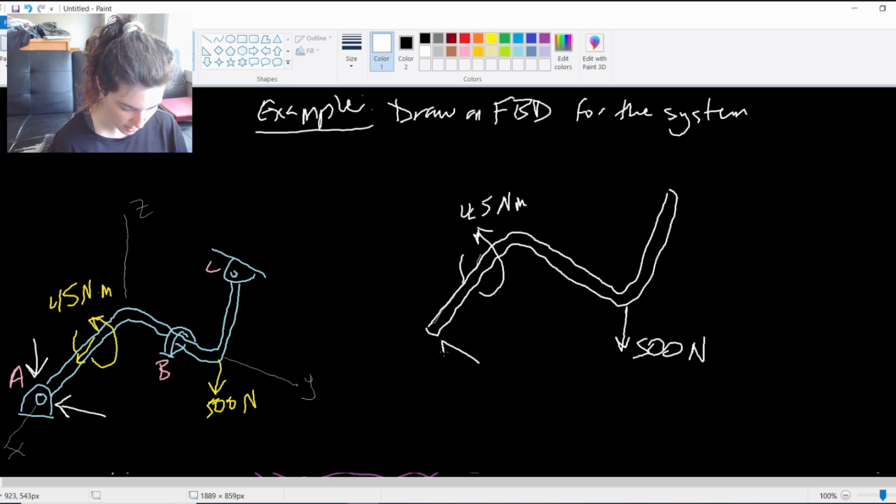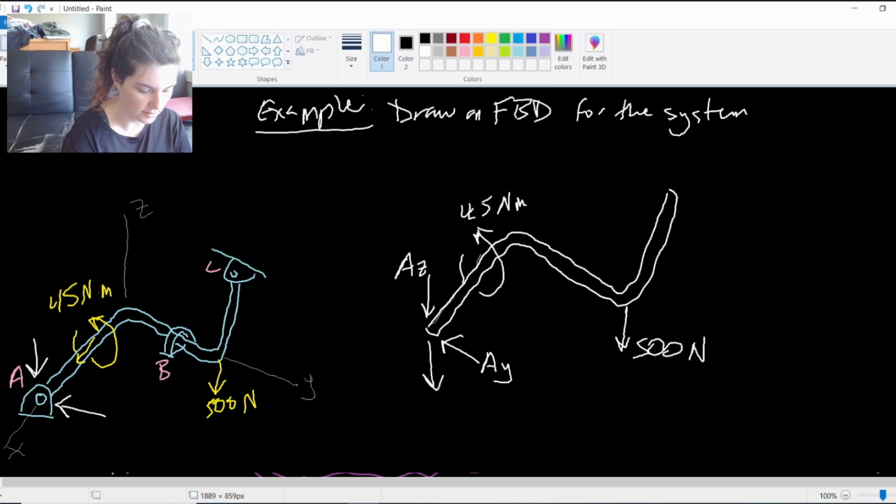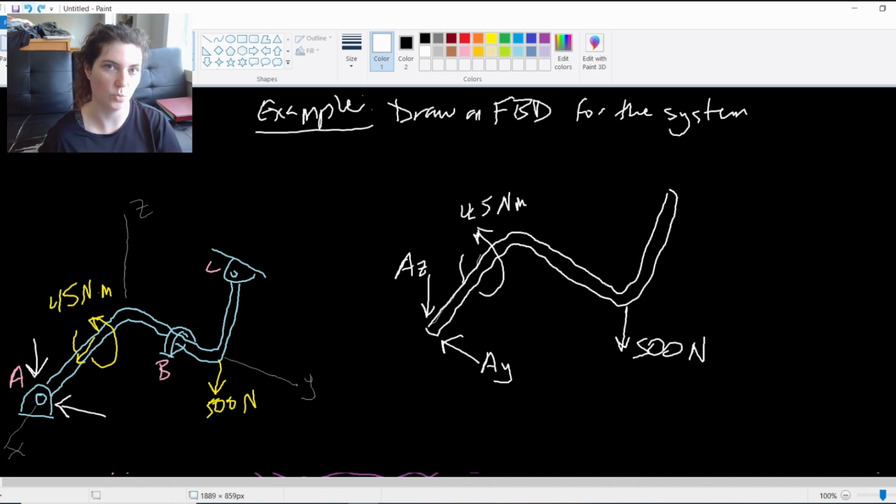It's going to be the y component of A and the z component of A, but no support in the x direction. And I've drawn these kind of randomly. It doesn't matter if they're pointing inwards or outwards, or if my AZ, instead of being here, was located here, right? They're in the same direction. They're on the same point. And that's what's most important, is that this is just a visualization tool for us to set up our equilibrium equations.